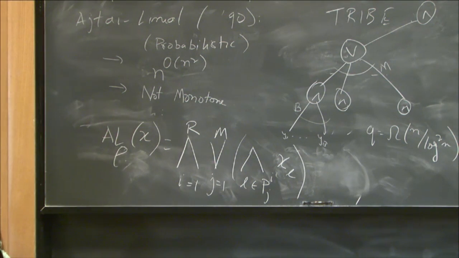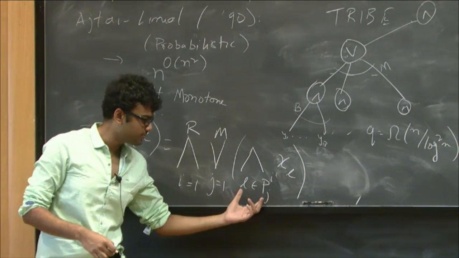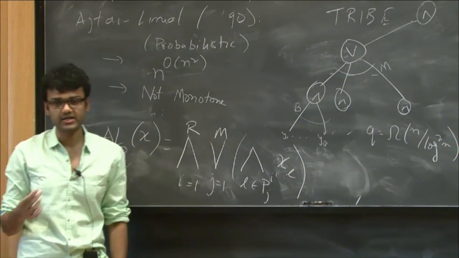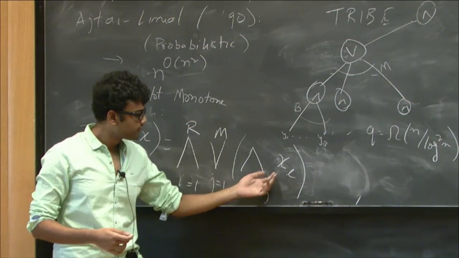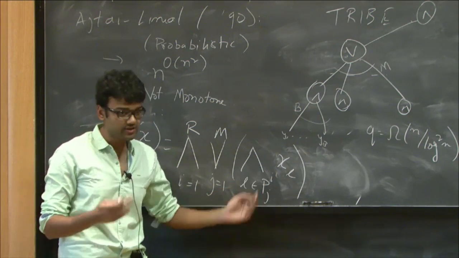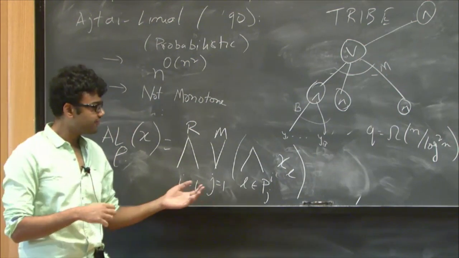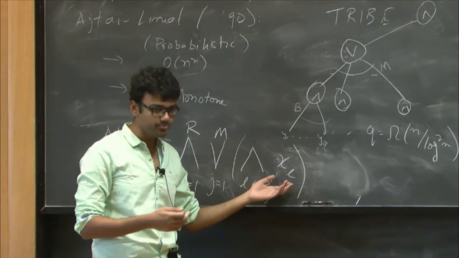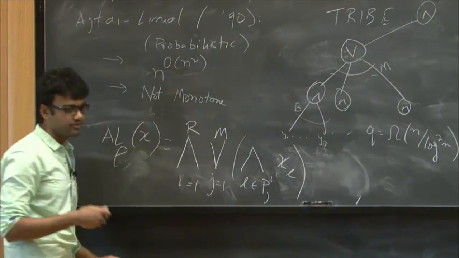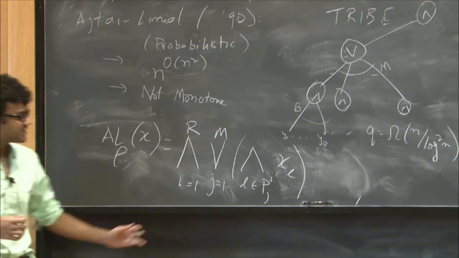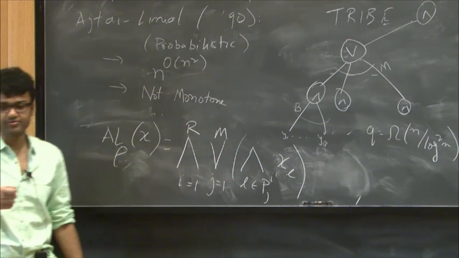The only reason for that is that the size of these partitions is now n power delta. So what we want to do is to make these XLs 1 with very high probability. Instead of analyzing the bias with respect to the uniform distribution, we analyze the bias of this function with respect to the Bernoulli distribution, where each XL is 1 with high probability, very close to 1.